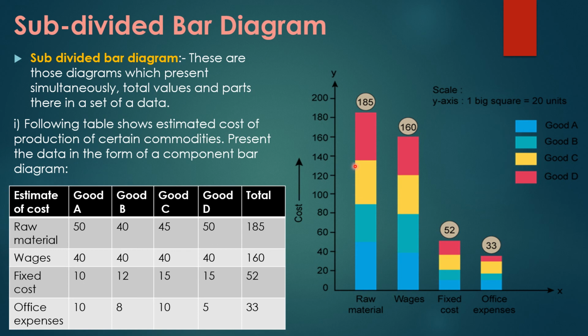Plus 45 will give us 135, and yellow represents good C. Then finally we will add 50 to it, which will give us 185. Red color represents good D.